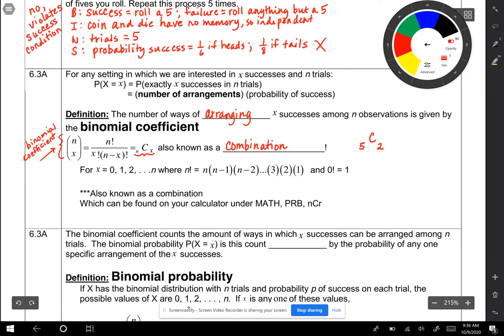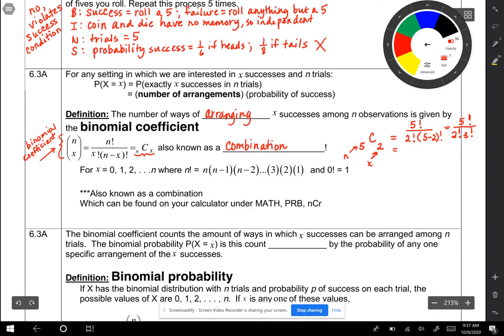According to our formula, this is n, this is x, so it would be 5 factorial over 2 factorial times 5 minus 2 factorial. And factorial is just, here, I'll just write this part. And I know some of you who had Algebra 2 last year and had to do this 4th quarter on your own probably won't remember it. So that's why I'm doing this over again. So 2 factorial times 3 factorial.